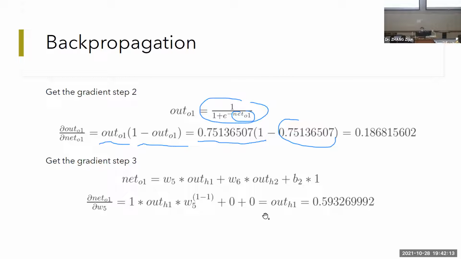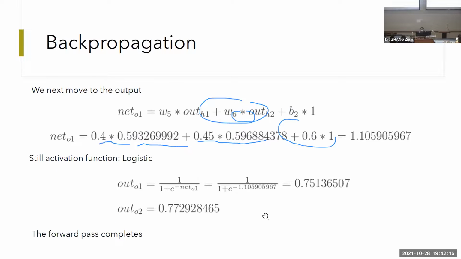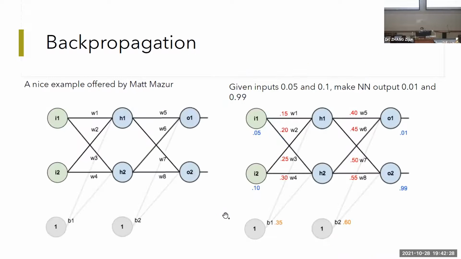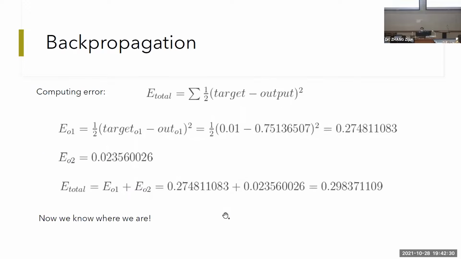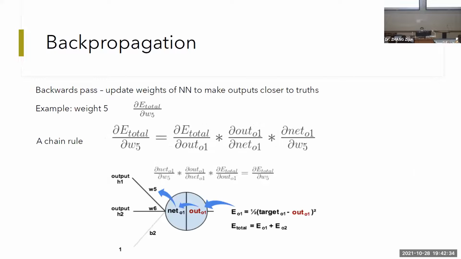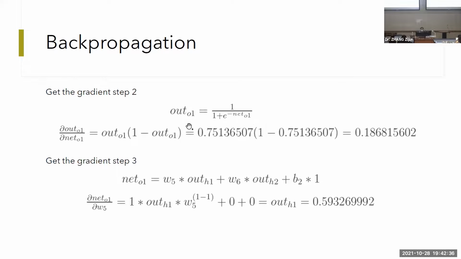Okay. So why is it equal to this? Previous slides give you some hints. Okay. So we finish the calculation of the second derivative term, which is 0.186.